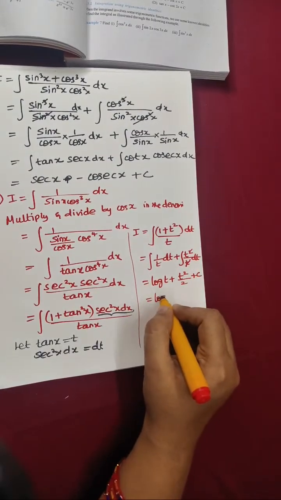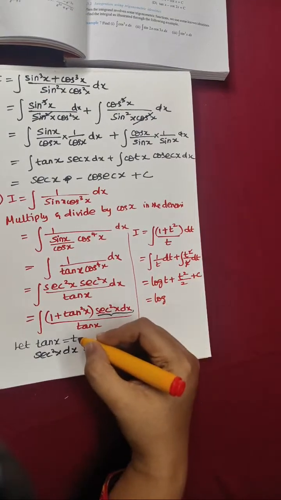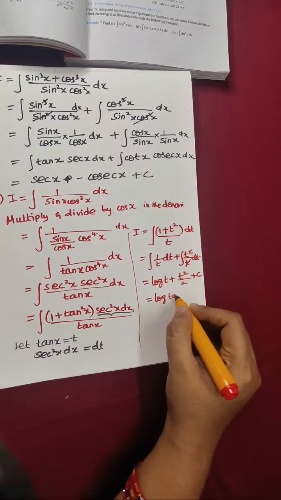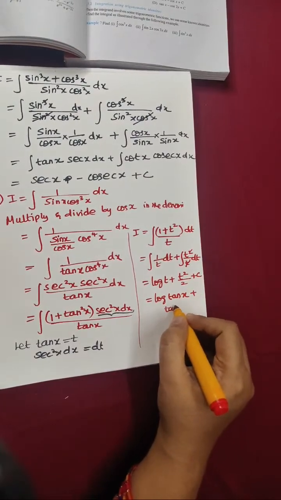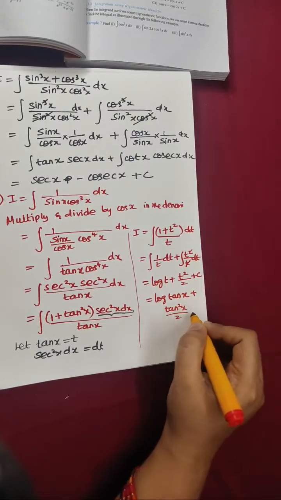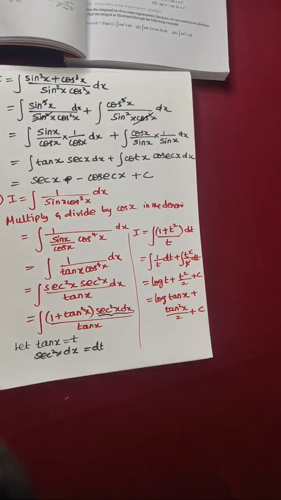So log, in place of t, you can write what we have assumed, that is tan x. So log tan x plus tan square x by 2 plus c. This is the required answer.